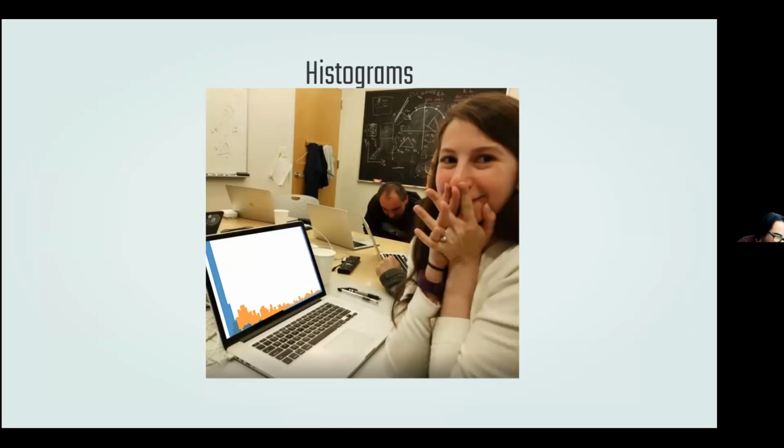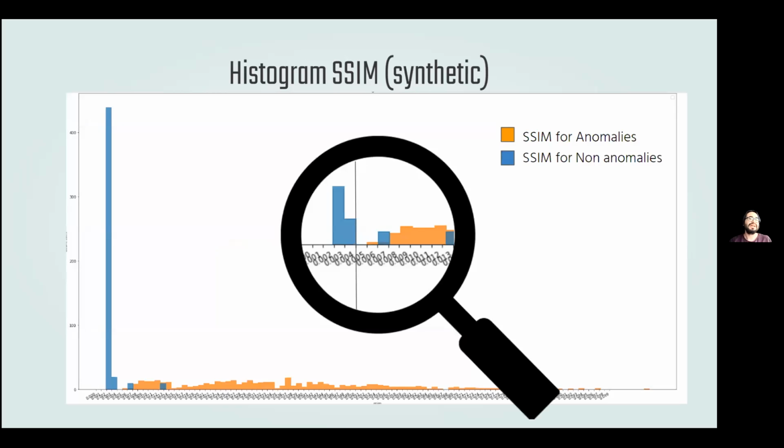Okay, what happens when we have the difference with SSIM between the input and the output? Well, we can create a histogram. And that was our reaction when we finally got a cool histogram, because it was really difficult at the beginning. But what is the histogram? This is a histogram that we created for one of those data sets.